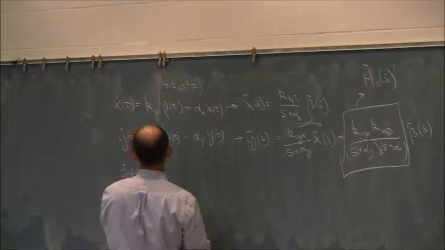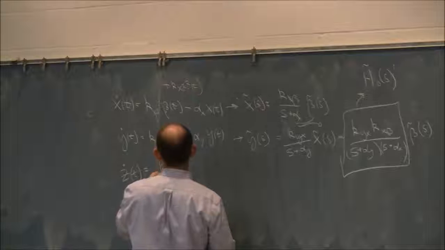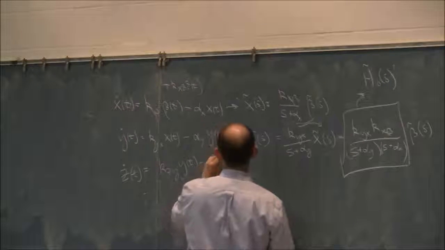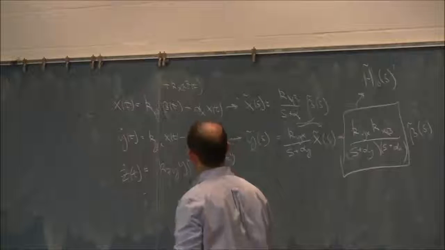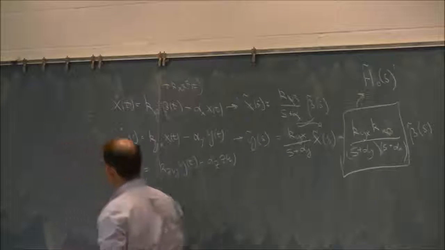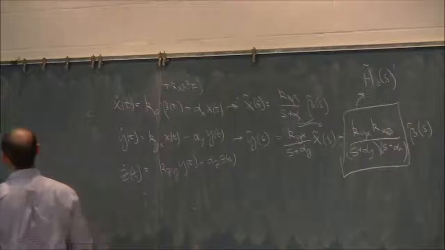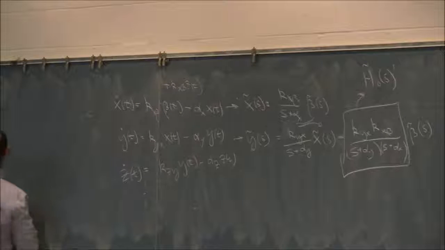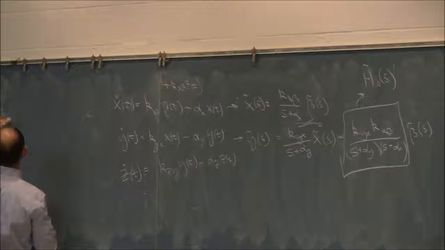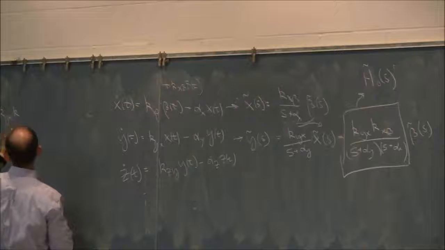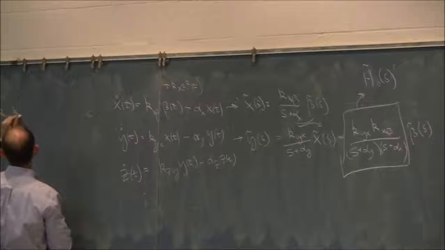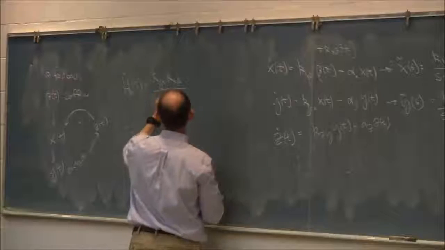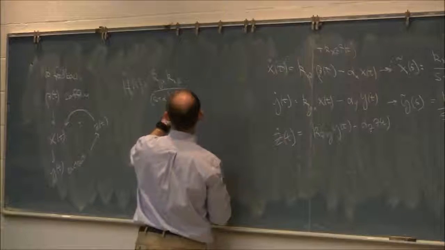And dynamics for Z: k_zy Y of t minus alpha_z Z of t. So remember, off to the side, in the feedback-free case, we have this response function, k_x beta over s plus alpha_y, s plus alpha_x.